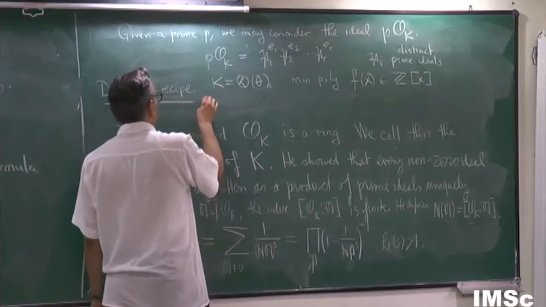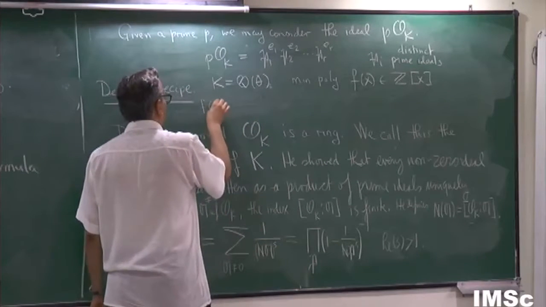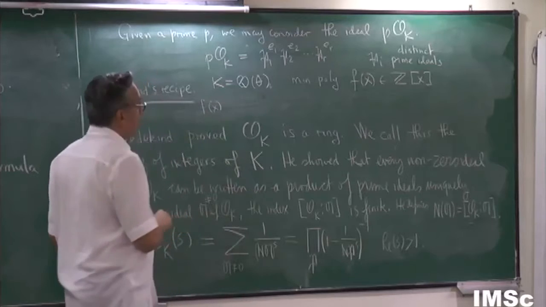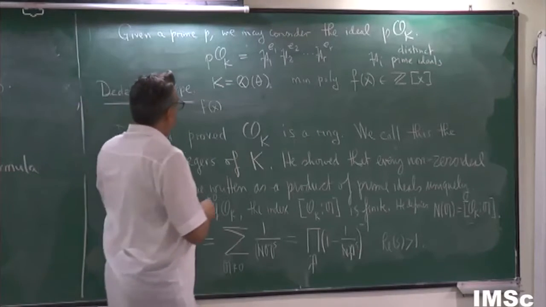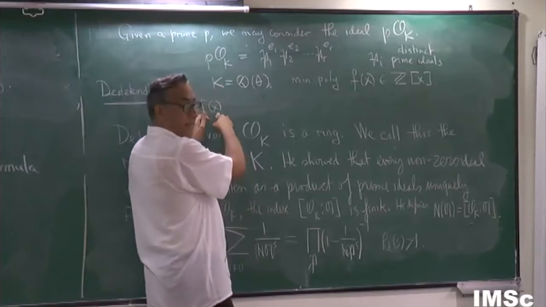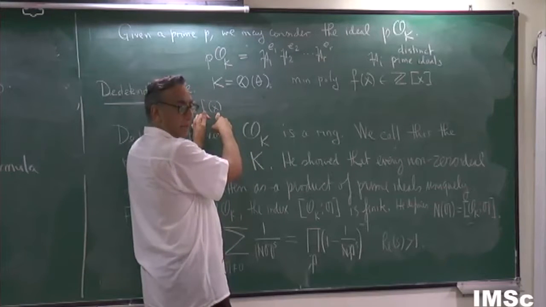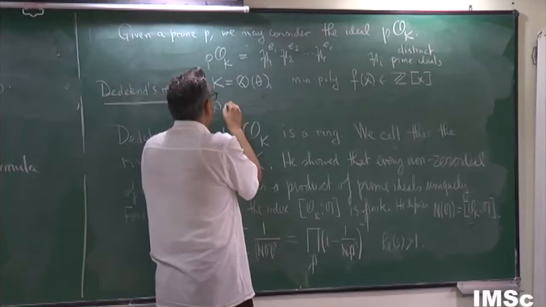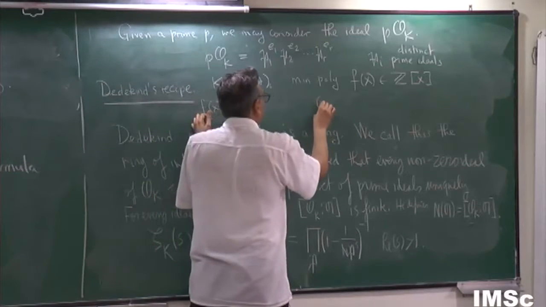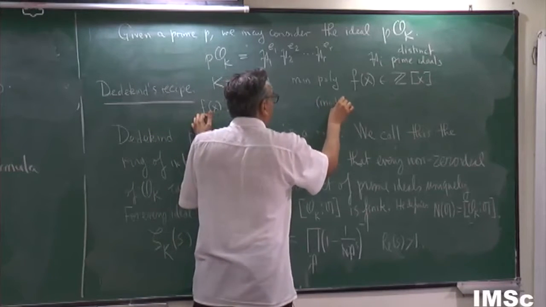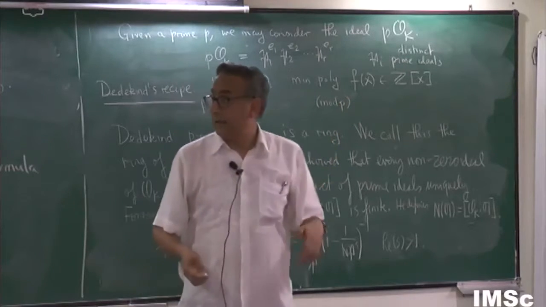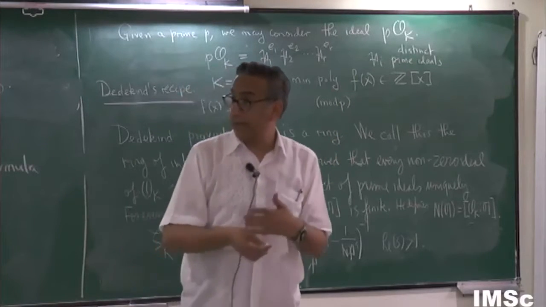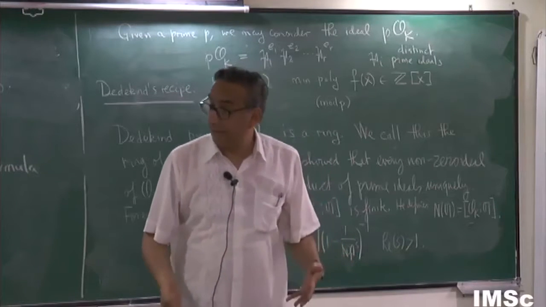Then here's how Dedekind gives you a recipe for finding those prime ideals P. He says, take your polynomial f(x) now that you have it in your hand, and factor it mod p, that is, over the polynomial ring F_p[x]. You can: F_p is a field, and F_p[x] is a polynomial ring over a field.